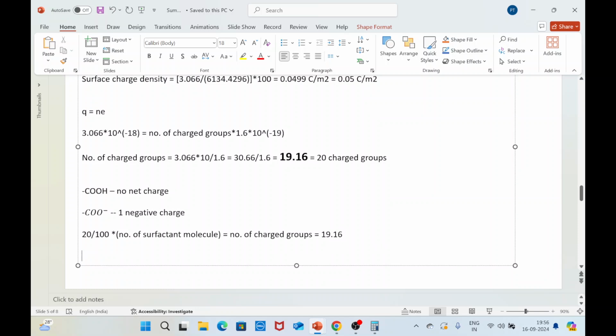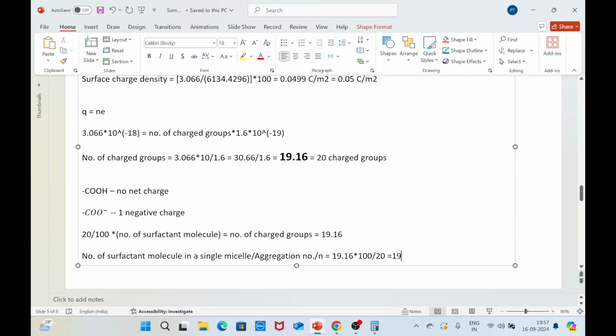So 20% of something is 19 point something. So the number of surfactant molecules in a single micelle, or you can say the aggregation number, n, is equal to 19.16 times 100 by 20.